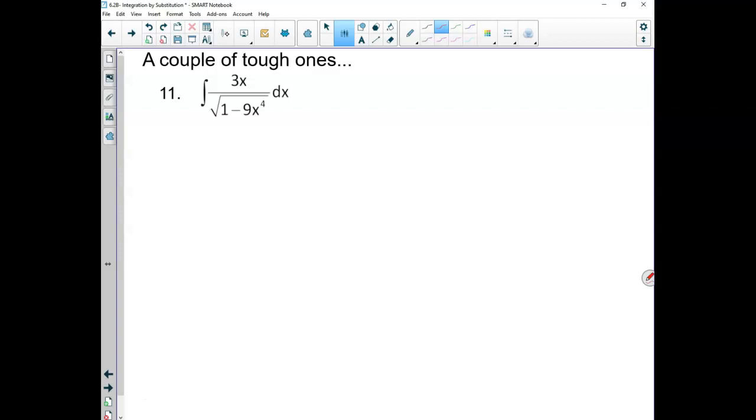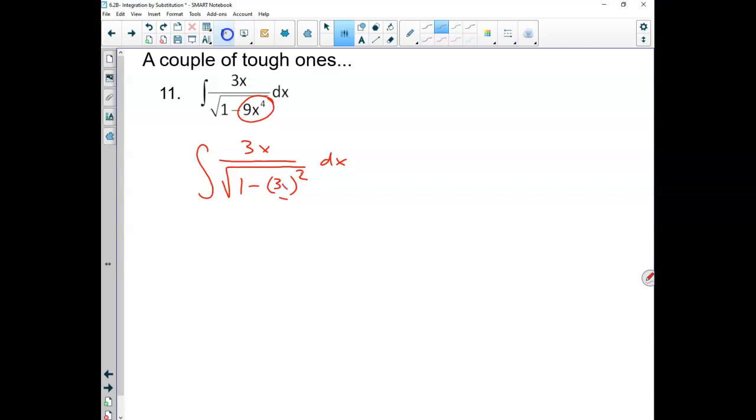Whoa, what's the only other one that has a square root in the denominator? Maybe an inverse sine or an inverse cosine. So if I was looking at this as the integral of 3x over the square root of 1 minus something squared dx, what is it in here that I square that gives me 9x to the fourth?